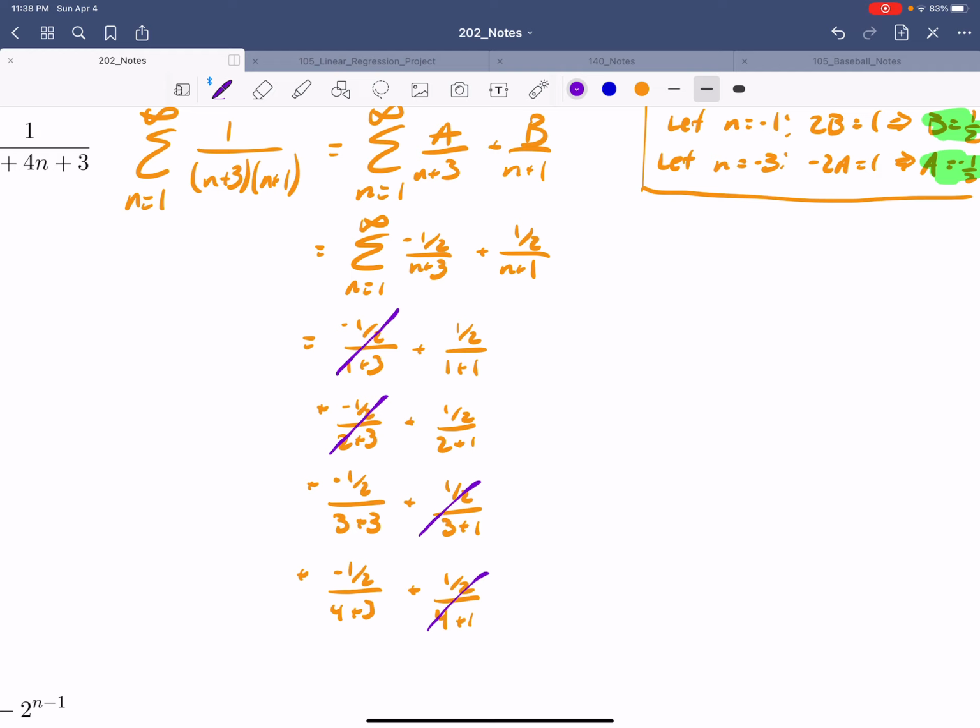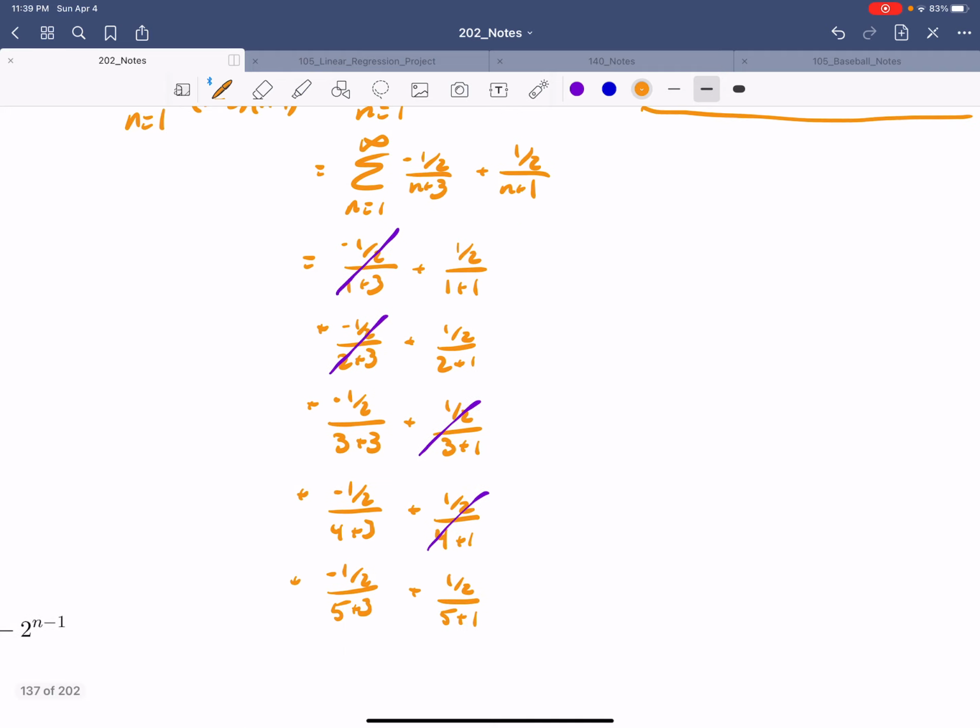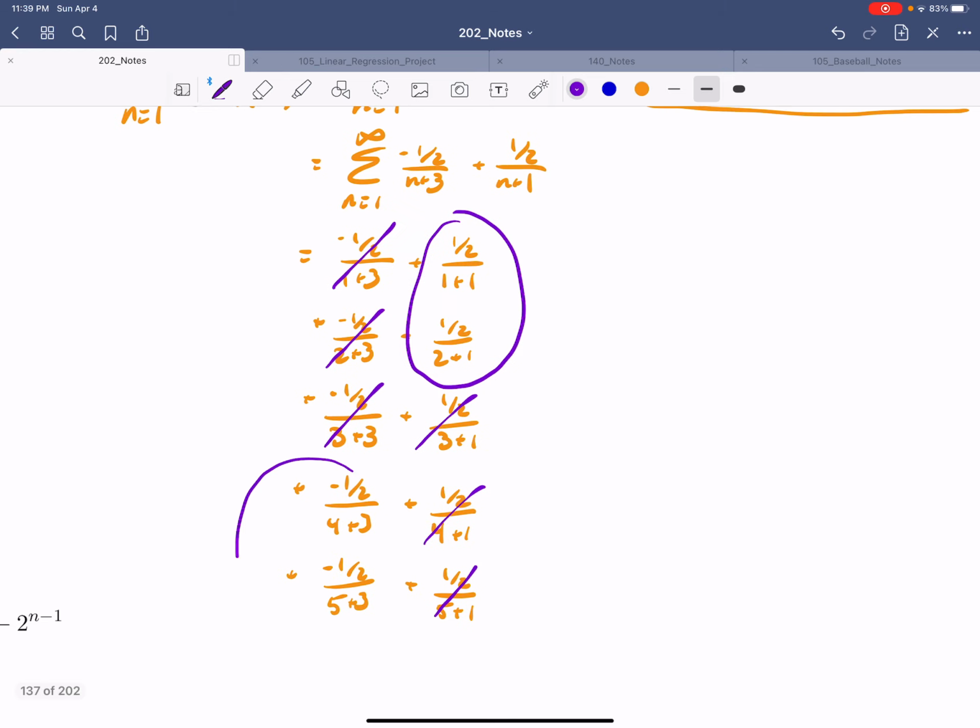Just to nail down this pattern, one more term: 5 plus 3, 5 plus 1. 5 plus 1 and 3 plus 3 are the same thing, right? So it always looks like these two terms are going to stick around, and these two terms are going to be there as well. Plus blah, blah, blah.